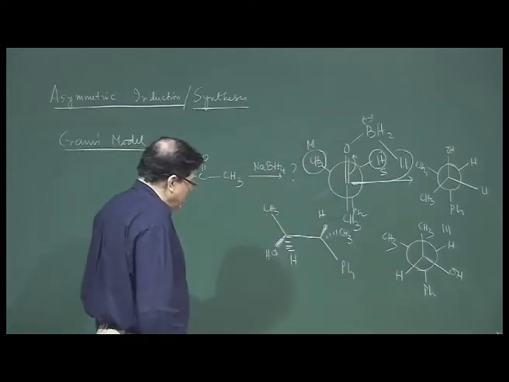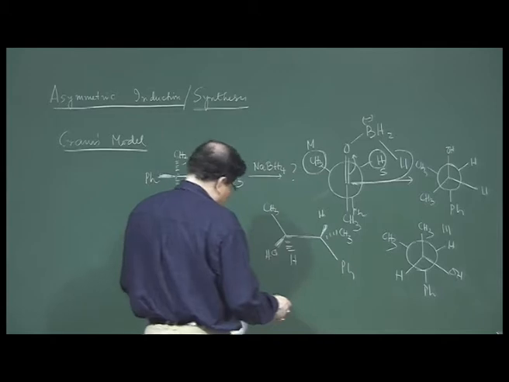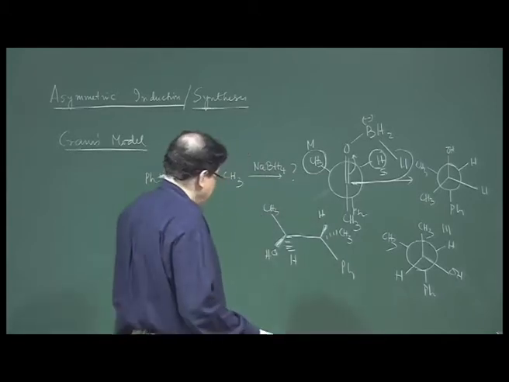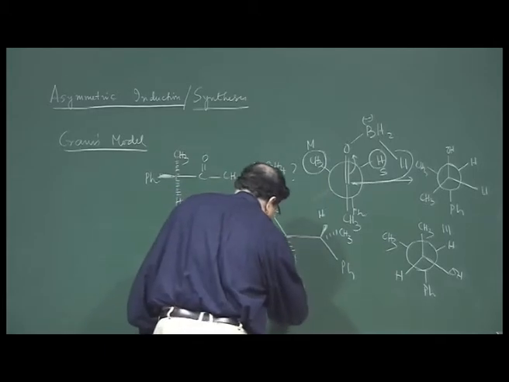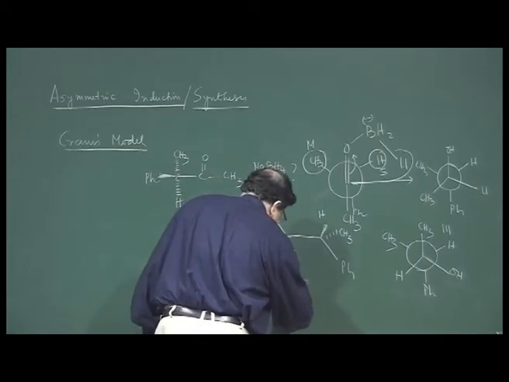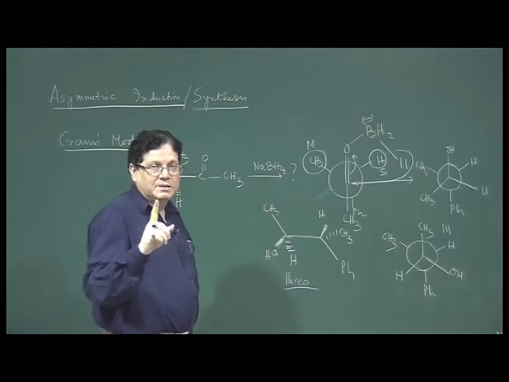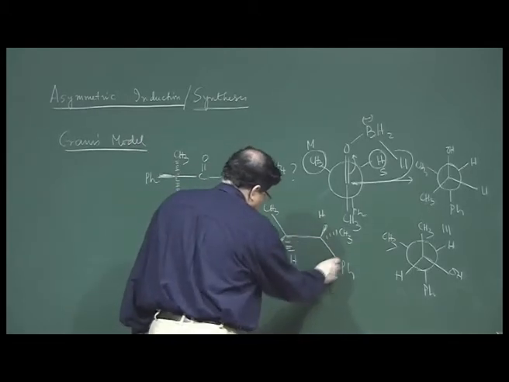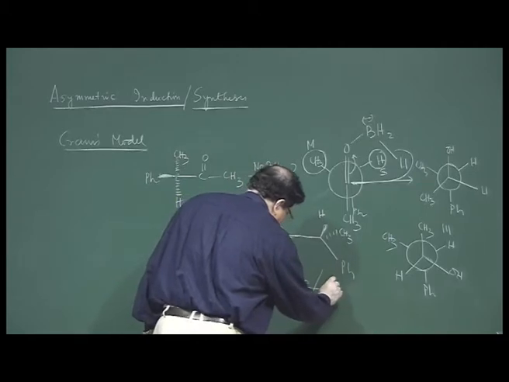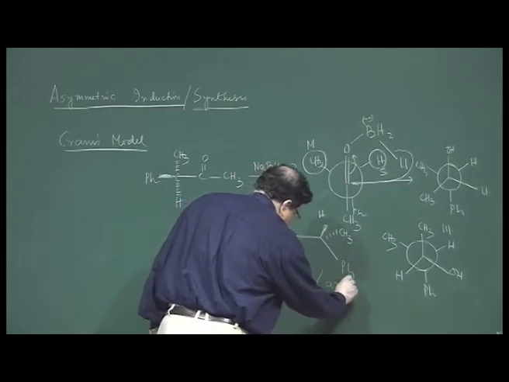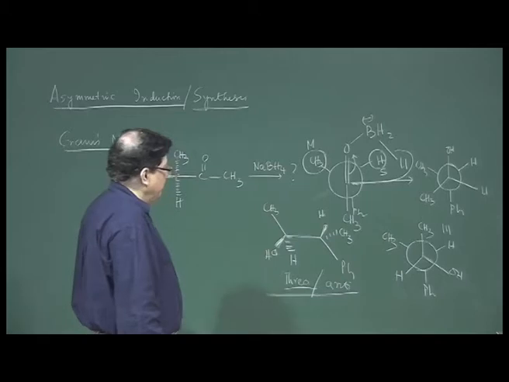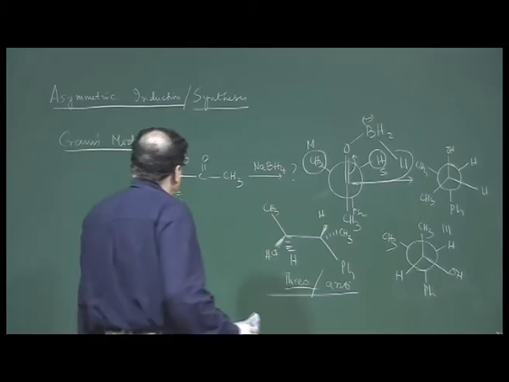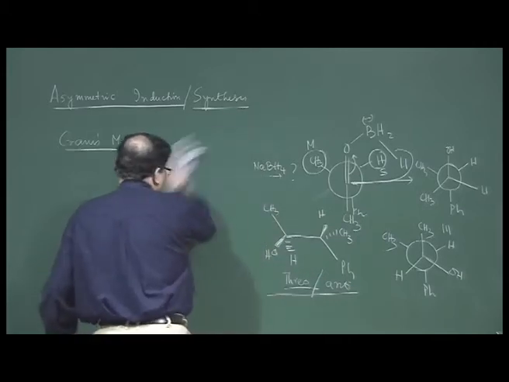So, in the books it is saying that this is the threo compound. You can say this is the threo, but this is the zigzag nomenclature. Okay. So, that is the main chain. So, threo, or you can say this is the anti conformation that you get. Okay. So, that takes care of this Cram's normal model.